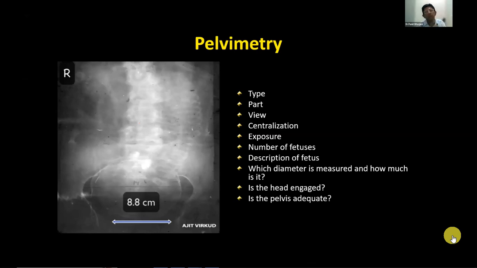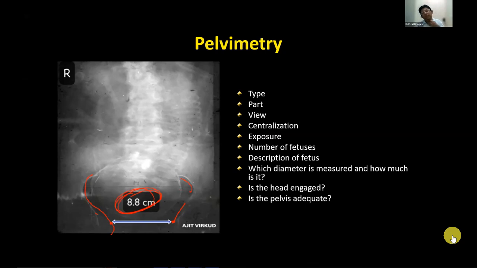And the last slide. This is X-ray pelvimetry, very rarely done. Which view, exposure, number of fetuses, and which diameter is marked over here? You can see this and you can see this. These are what? Yes, very good. And it's given to you as 8.8. So what does it look like, all of you?